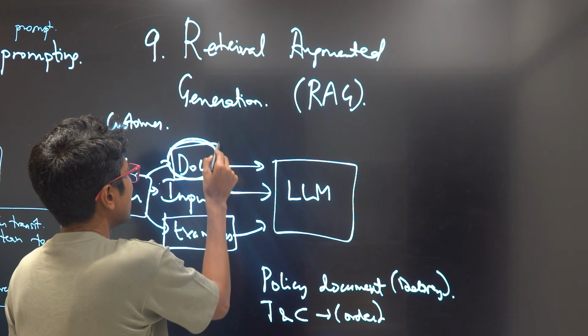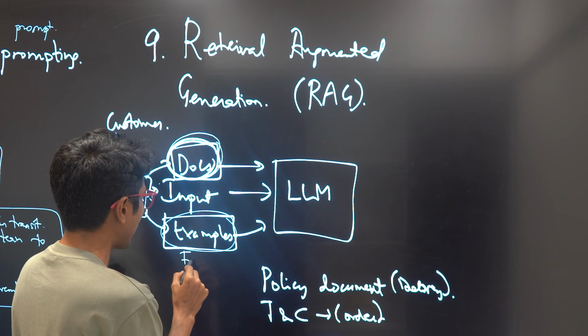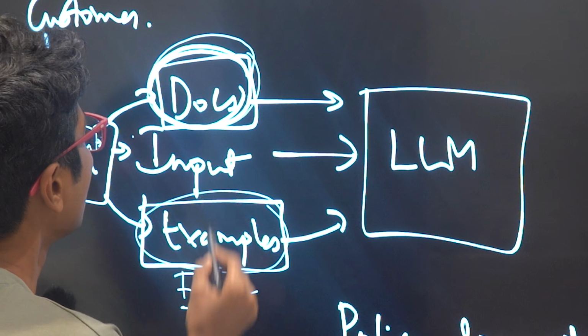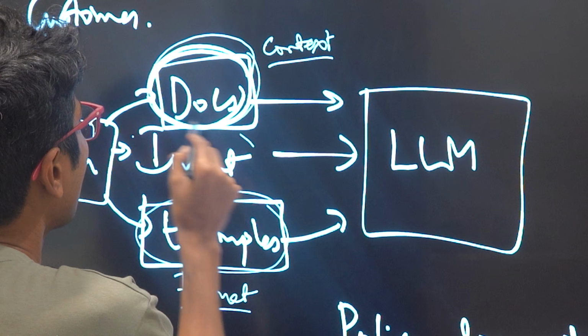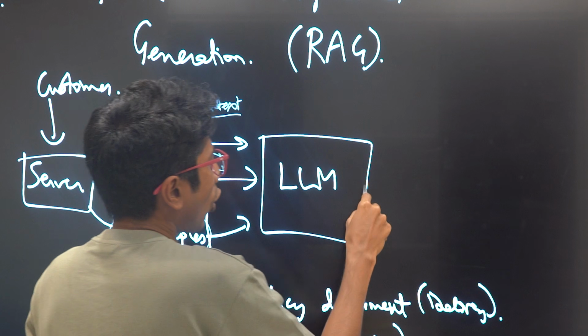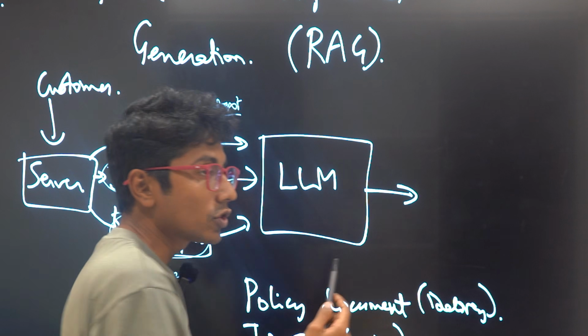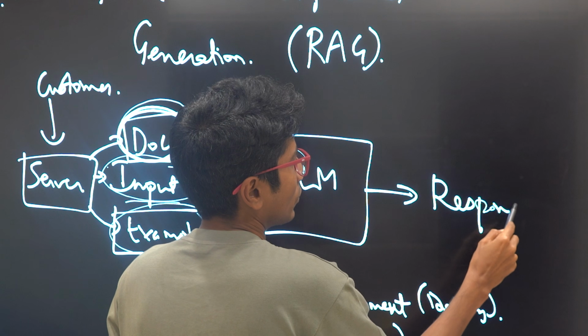You send these documents along with examples of how you should respond. This gives you a good idea of the format of the response. This gives you a good idea of the company specific context, and this is the direct user input query. With all of this, the large language model tends to give very high quality responses.